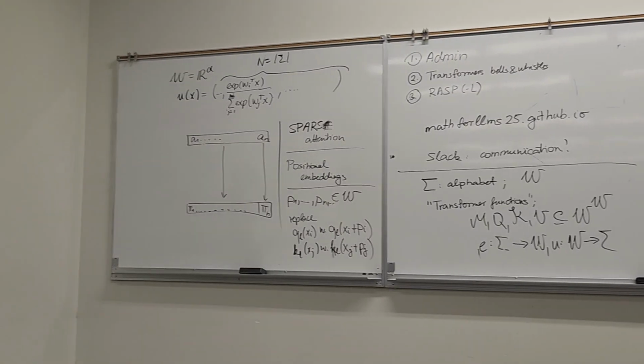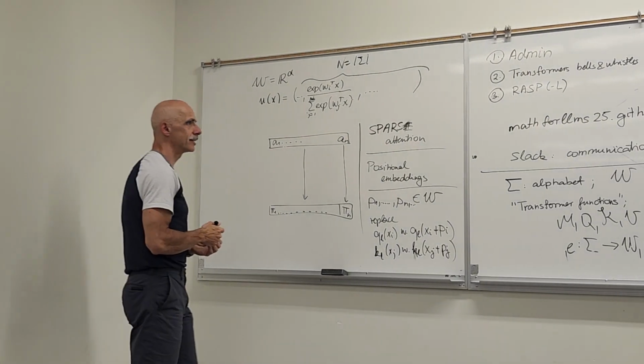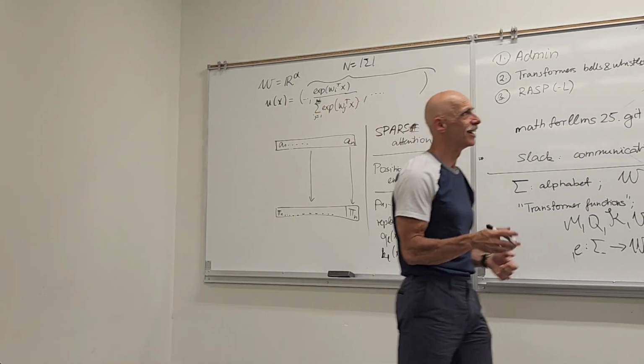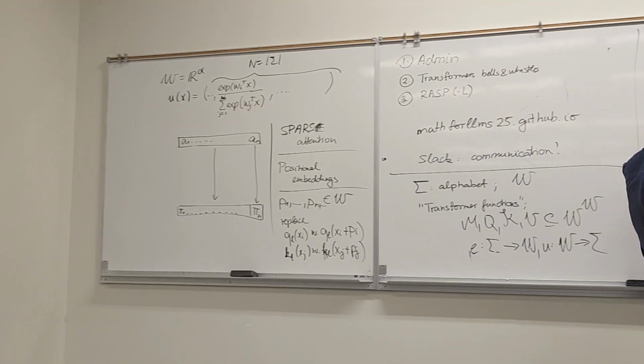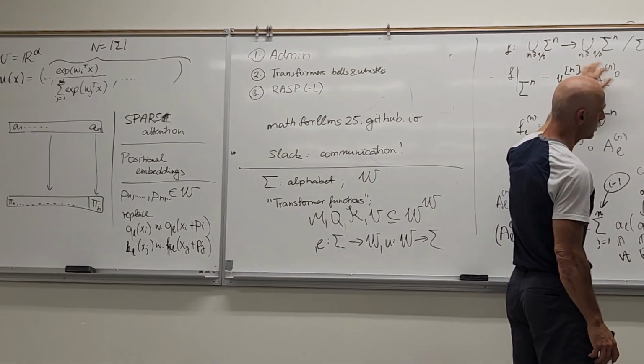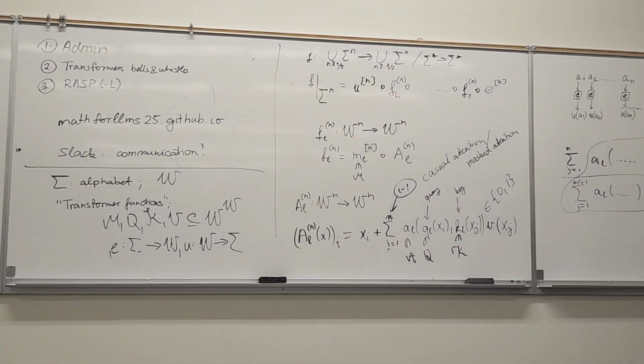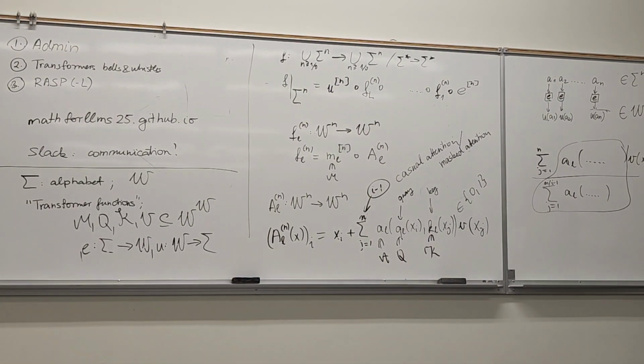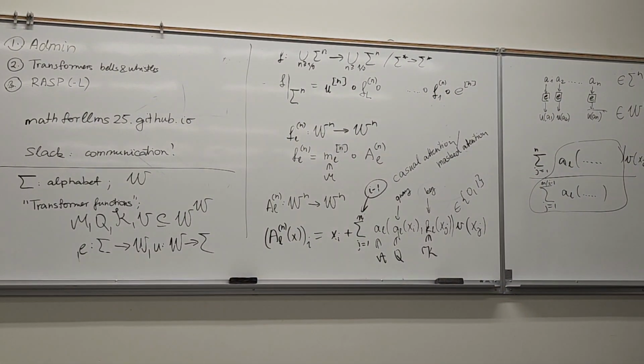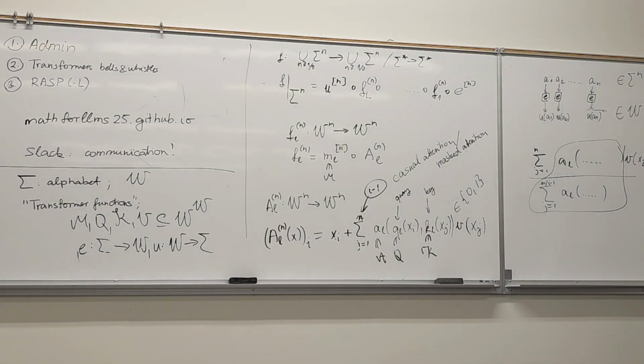But people still deal with it because, as discussed previously, this is a beautiful, somewhat theoretical construct, but in practice you take a finite context length window anyway. So A_l takes binary values.